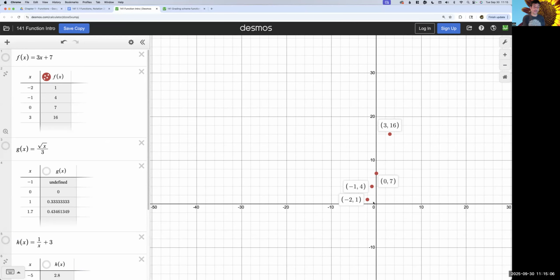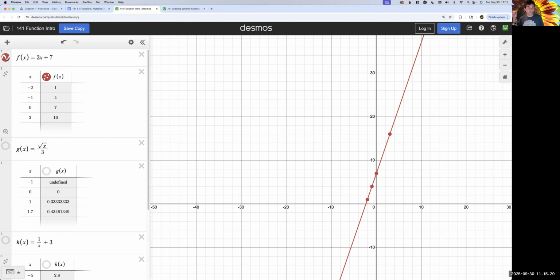And the same idea. You can see this table on the left-hand side giving input-output values. And if we continue to add values and connect them all together, what we find is that line that I had graphed, right?